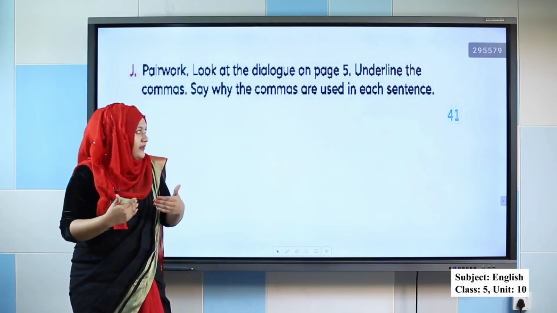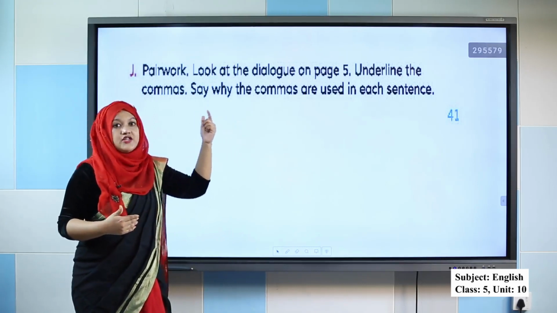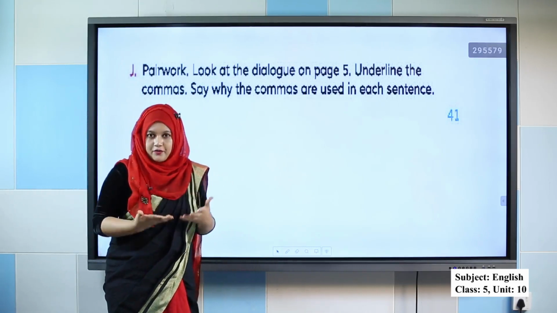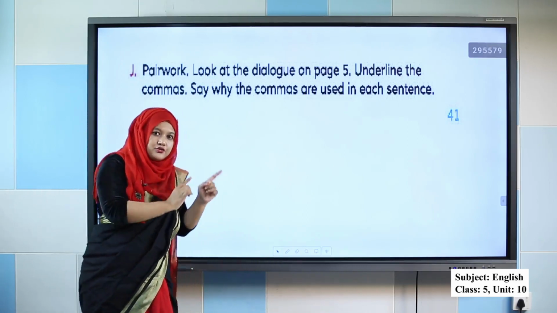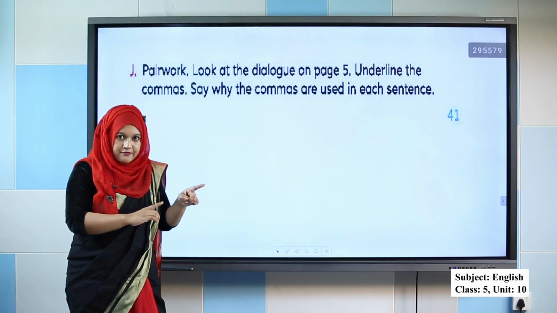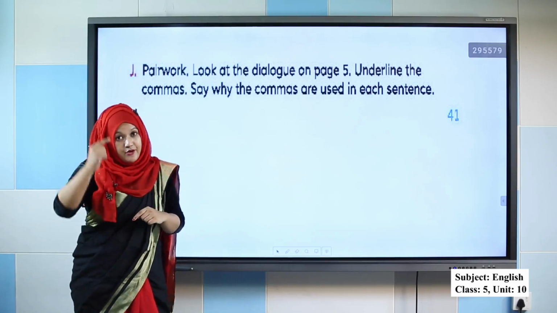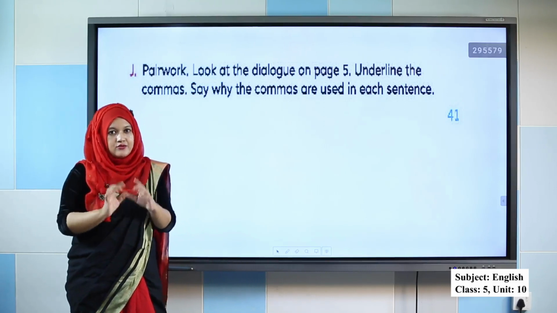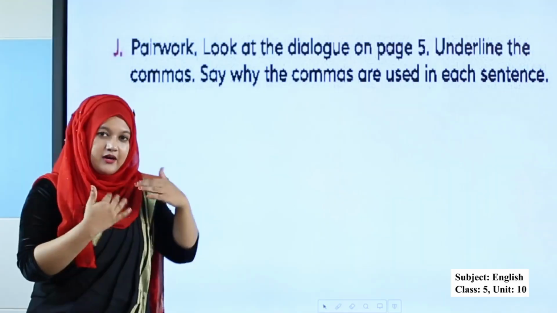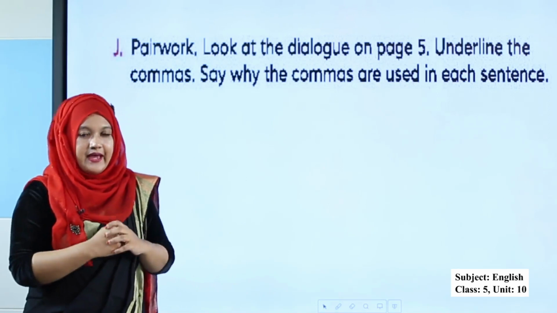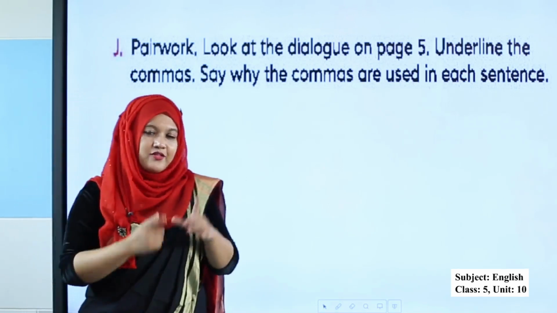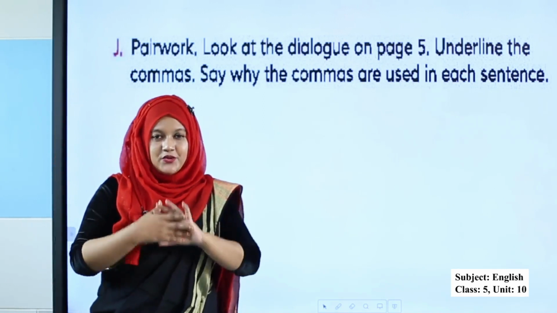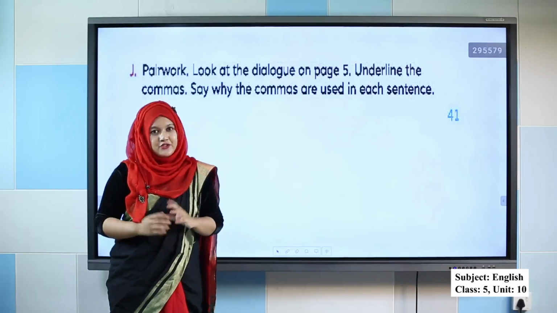Say why the commas are used in each sentence. So we should go to page 5 and then read the dialogue very carefully and count the commas used there and think why those commas are used. Okay, and you will get 2 minutes to do this.